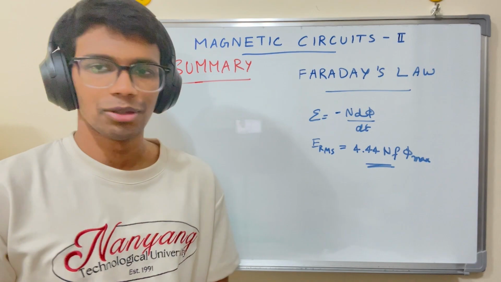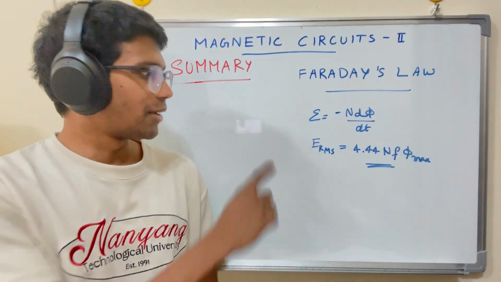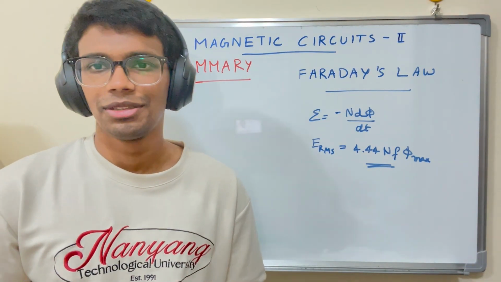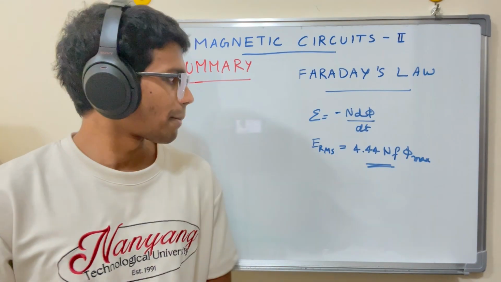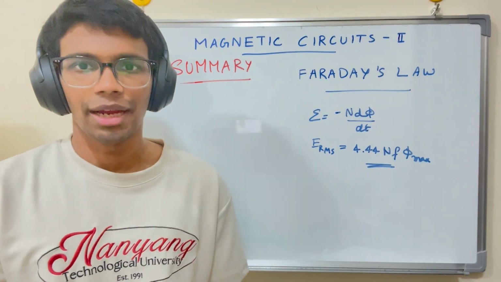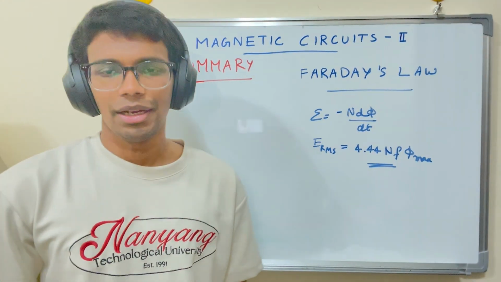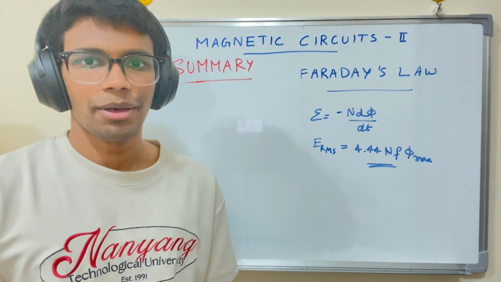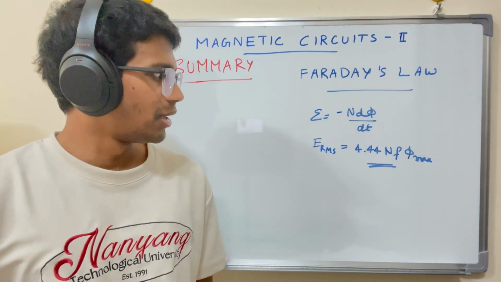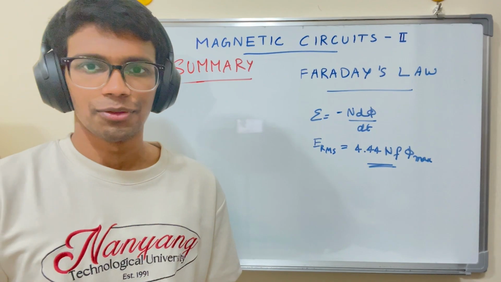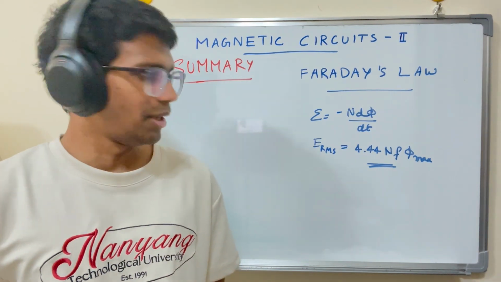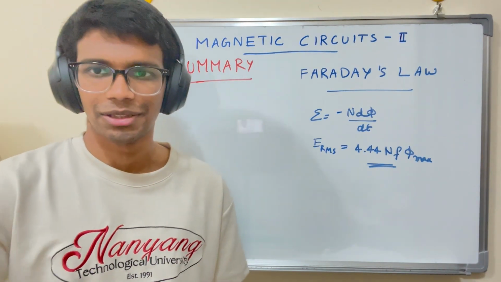N is taken out because it is a constant, and the negative signifies that it is done to oppose the change, but in magnitude it's just N d phi over dt. The RMS value of the induced EMF is 4.44 times the number of turns of the loop times the frequency times the maximum value of magnetic flux.